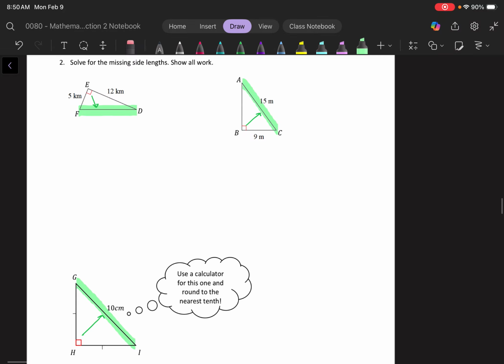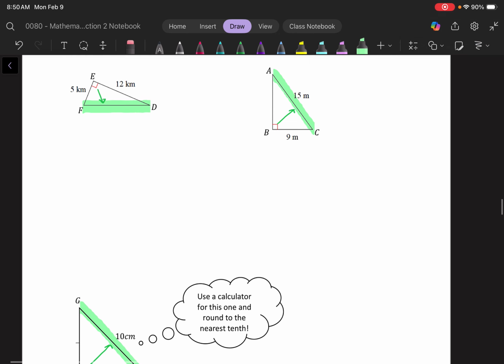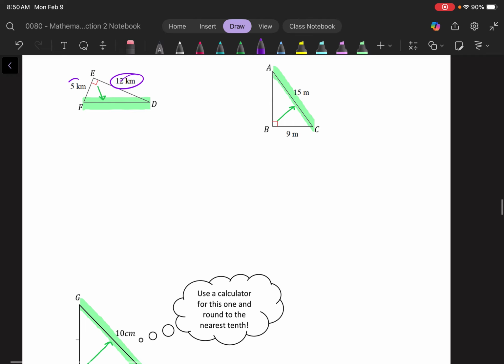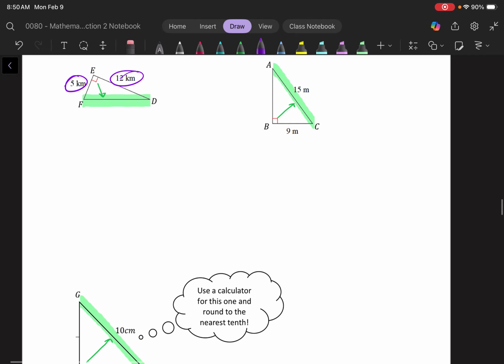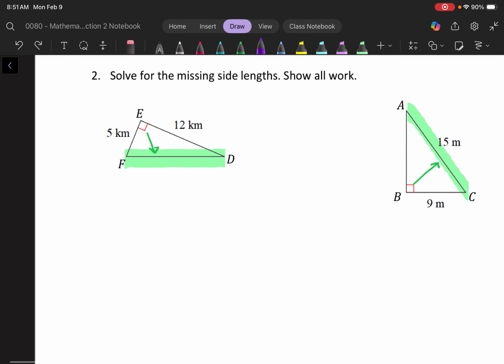So, when we take a look at our hypotenuse, yes, it is the longest side, but it's hard to tell, especially in the first and the last questions. I don't have a number that goes here, so I can't just look at the numbers and pick the biggest one, because I don't have all 3 to be able to accurately compare.